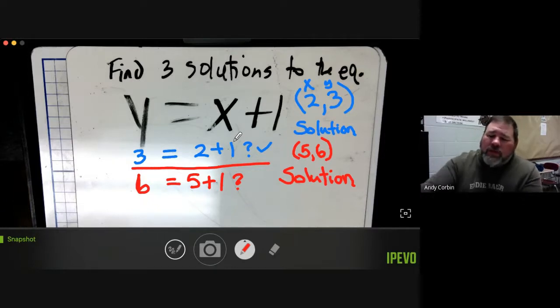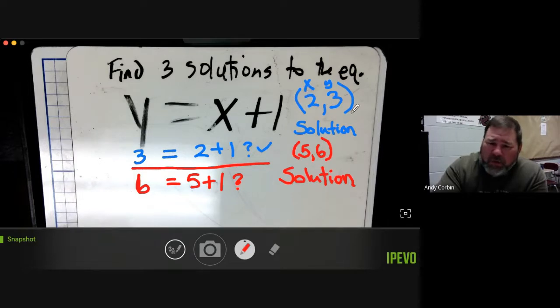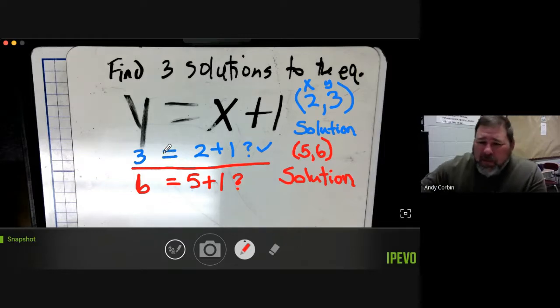And so what they're doing and what we'll be doing is finding 3 ordered pairs that are solutions to this linear equation. Now, let me tell you why that's important to us, okay? If ordered pairs are solutions in the world of equations, that means you plug them in like we just did and it gives you something that's true, right?